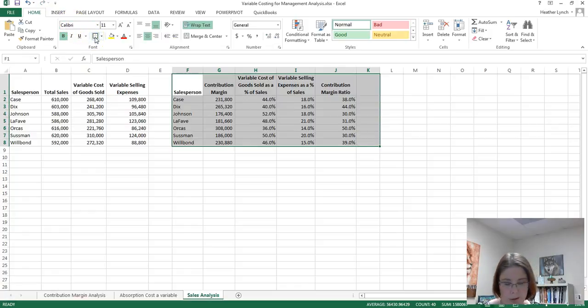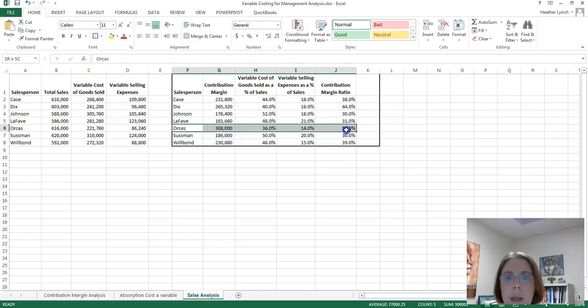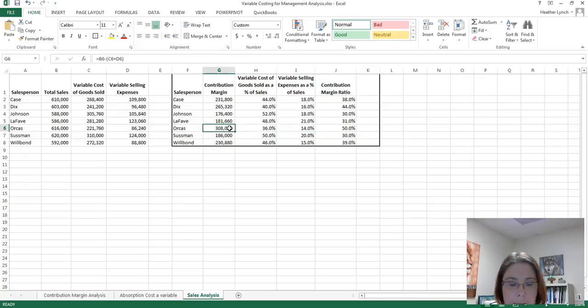Okay, so you're thinking, that's fine and dandy, but what we can see here is that Orcus had the highest contribution margin and contribution margin ratio. Why?